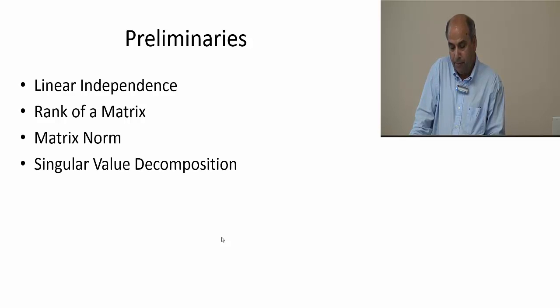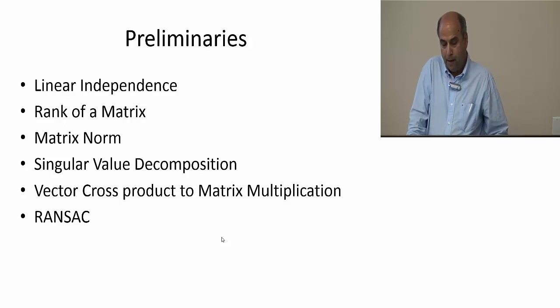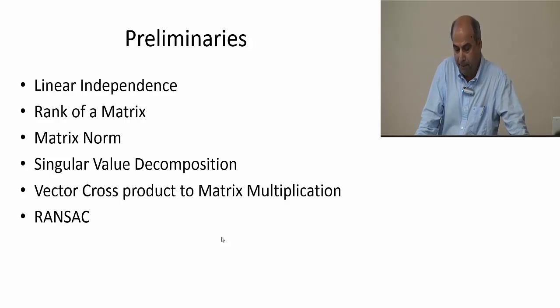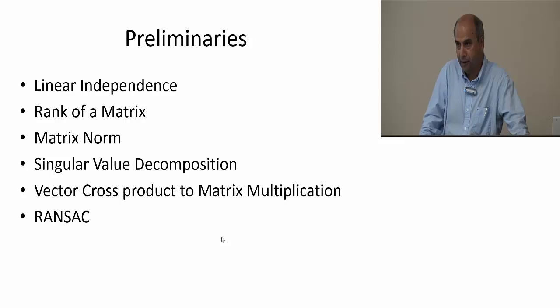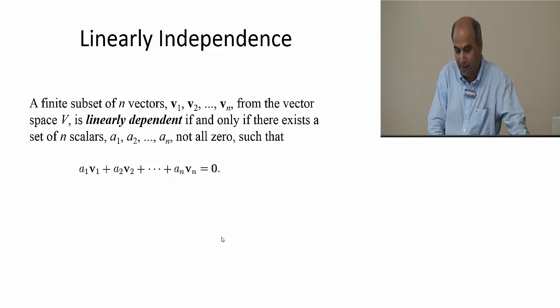We will also cover matrix norm, singular value decomposition, vector cross product, which can be expressed in matrix multiplication, and another thing called RANSAC, which is random sampling and consensus. Again, I have a song for this, so I'll play that. It's also a very, very important technique which is used in many different things, and you should understand that.